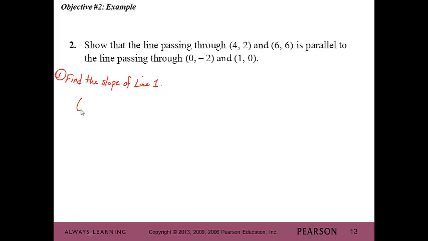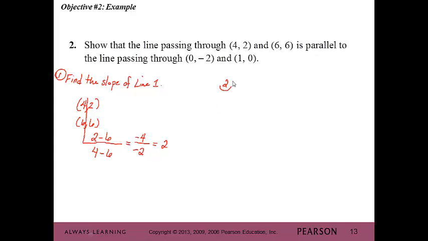So how do we do that? We're going to take its points 4, 2 and 6, 6, stack them, draw a vertical line down the commas, and then extend to the right. You have 2 minus 6, and you have 4 minus 6. And that is -4 over -2, which is 2.